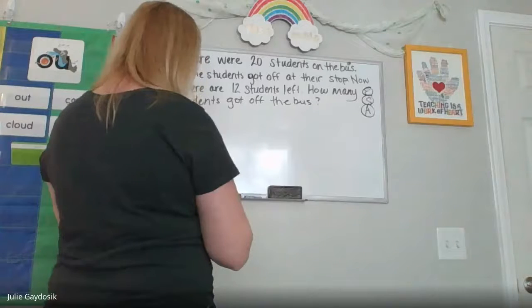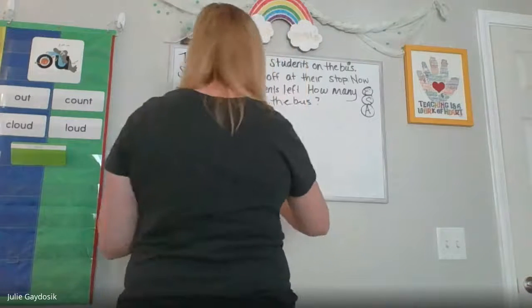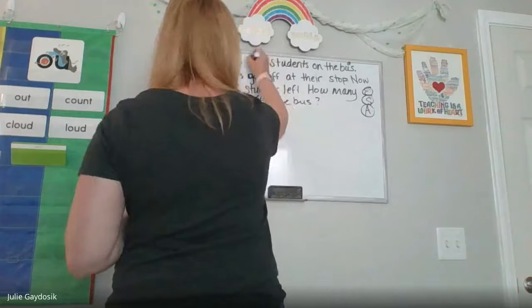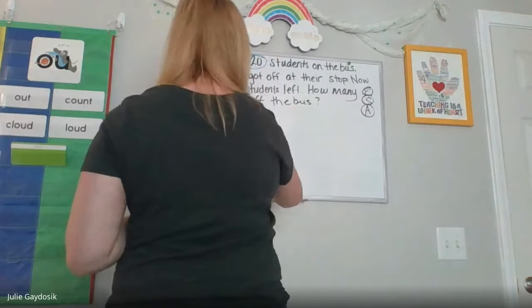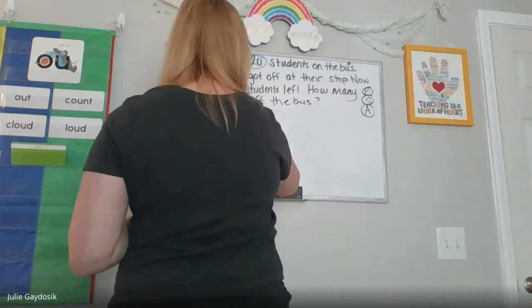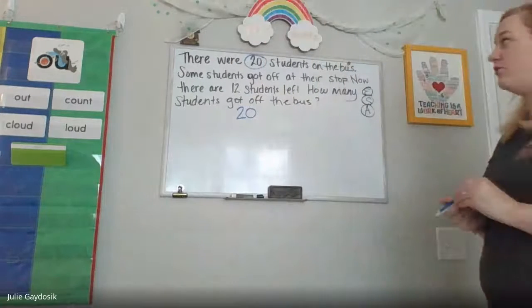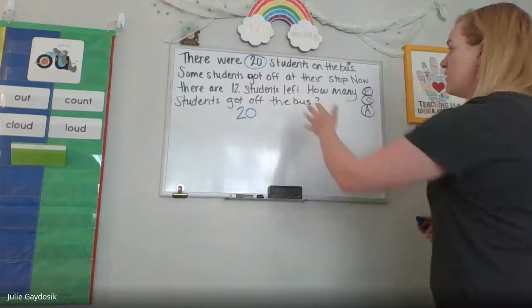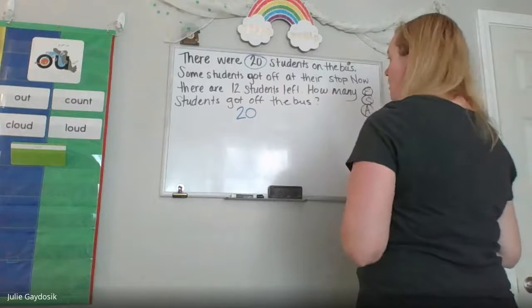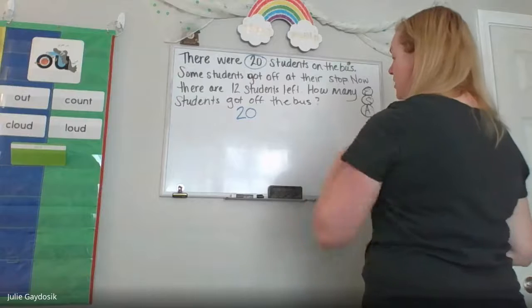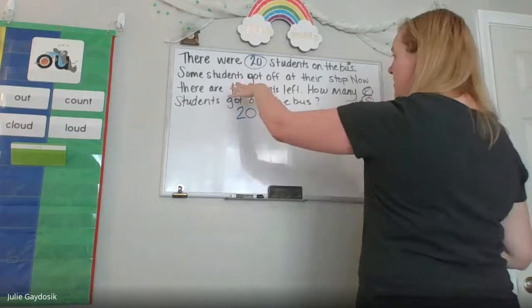So our first number we have in our problem is the number 20. So I'm going to go ahead and say that 20 is going to start our equation. Now that's not always true, but for first grade, typically the first number is what starts our equation. So 20 students were on the bus.